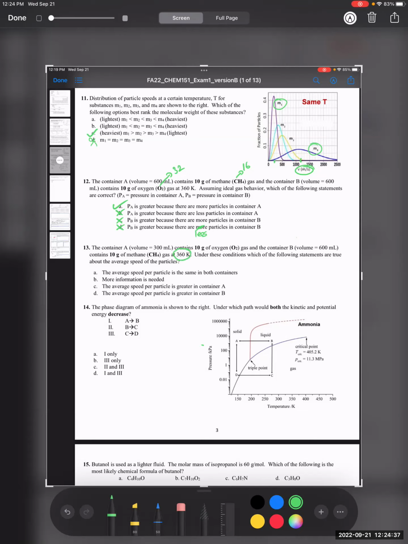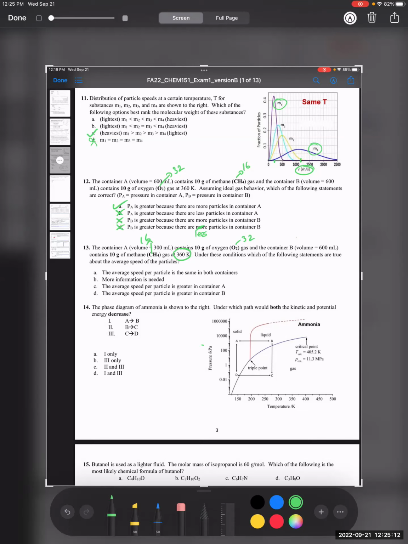If that is the case, both CH4 particles and oxygen particles will have the same average kinetic energy. But because CH4 particles are lighter, since this is 16 versus 32, CH4 particles must be moving faster to compensate for that lack of mass to have the same average kinetic energy.